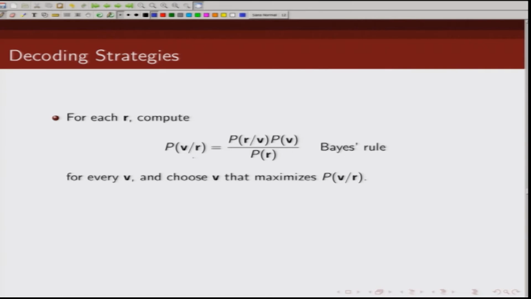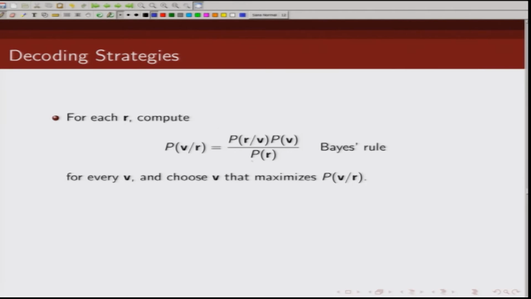Now, using Bayes rule, we can write the probability of V given R as the probability of R given V multiplied by the probability of V, divided by the probability of R, and this has to be maximized for every V. So, we should choose our V such that this is maximized.